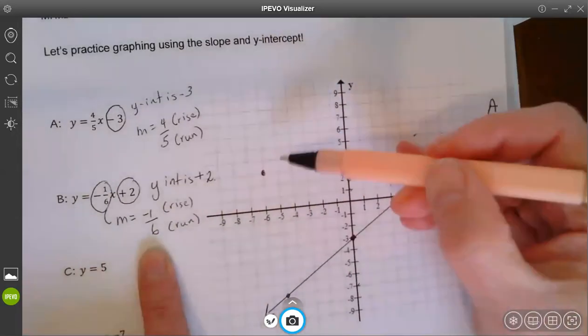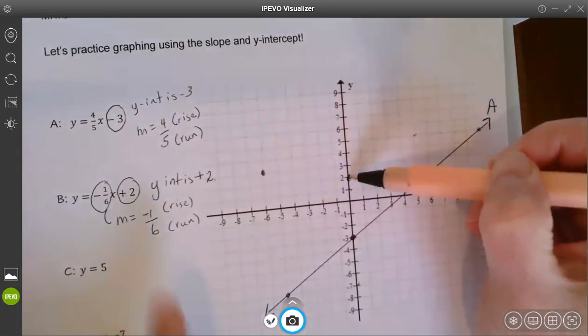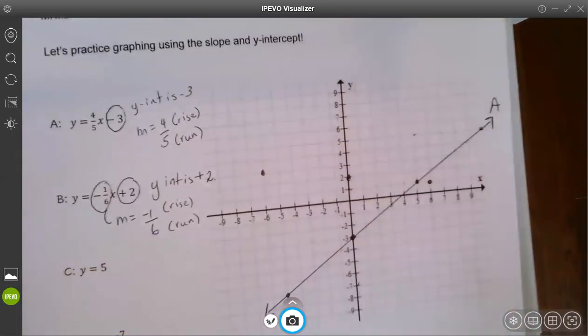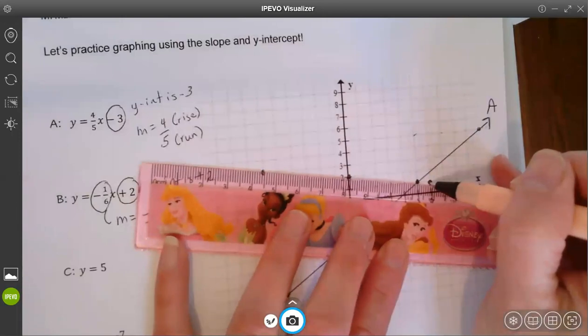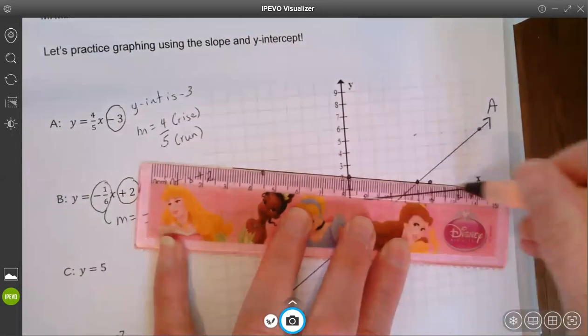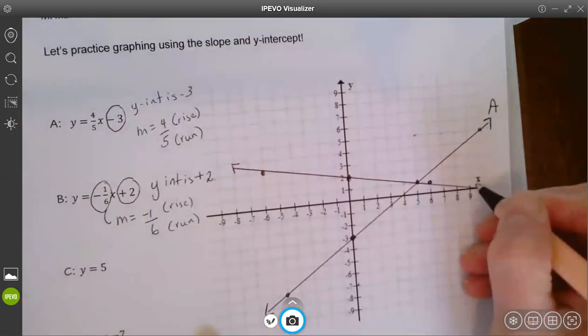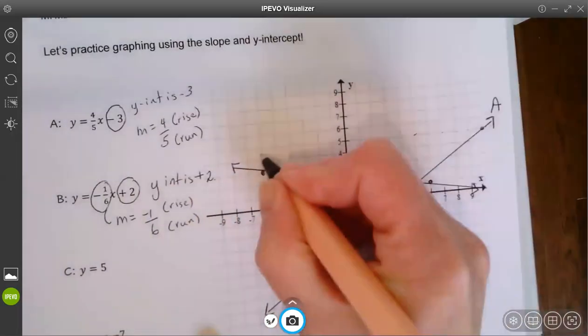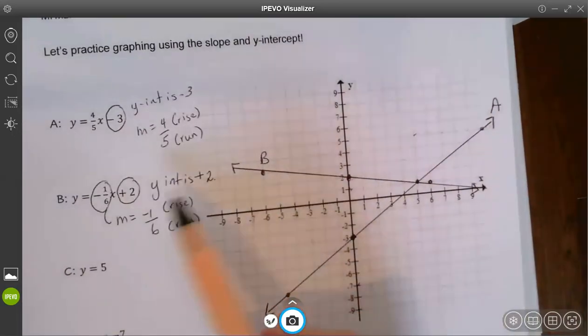Then from this point, if you go down 1 and forward 6, you should be back at your y-intercept. Now we have 3 points that line up. Everything should line up to give you a straight line, otherwise, there's a mistake somewhere. Connect the points, add arrows to show that the graph continues in each direction, and I'm going to label it B, so I know that it matches up with question B.